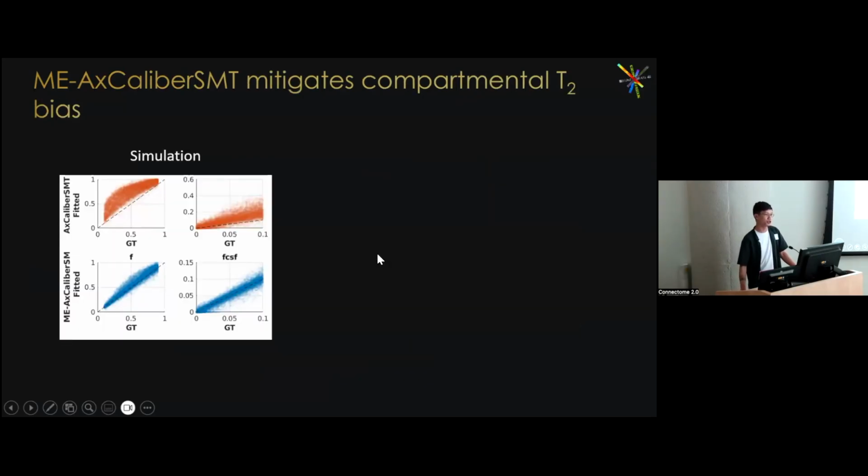In addition to providing better sensitivity to small axons, the signal model also mitigates the confounding T2 bias. Here I'm showing the simulation results on the estimation of, on the left, the intra-axonal fraction estimate, and on the right, the CSF fraction estimate. Without considering the T2 effect, we can see both parameters are overestimated, but when we consider the T2 effects, this can be corrected.